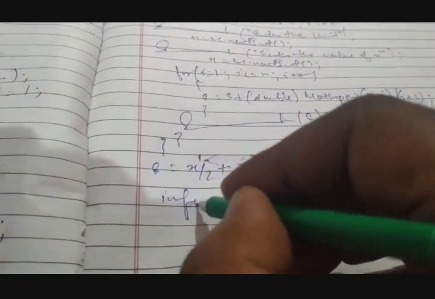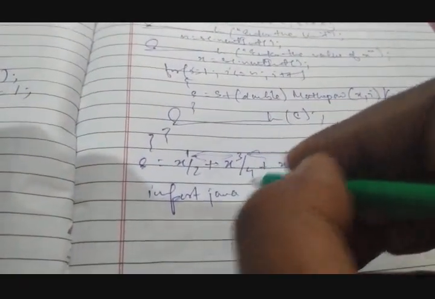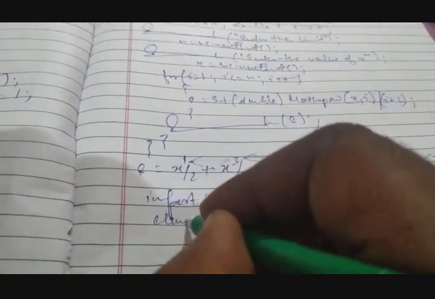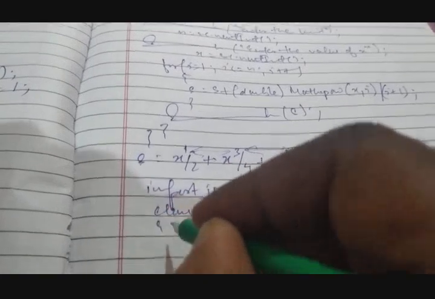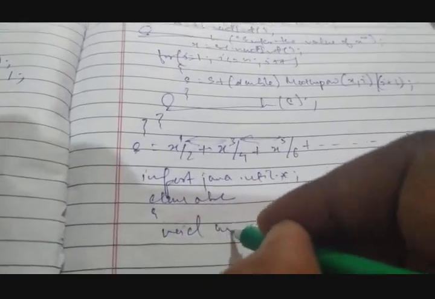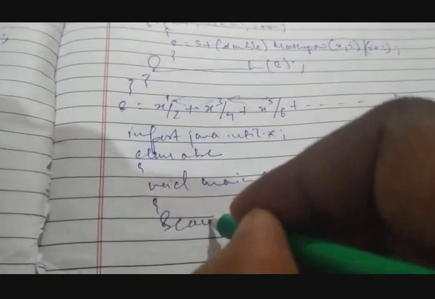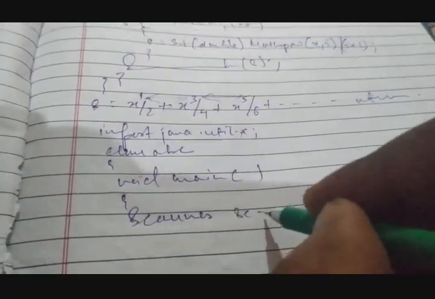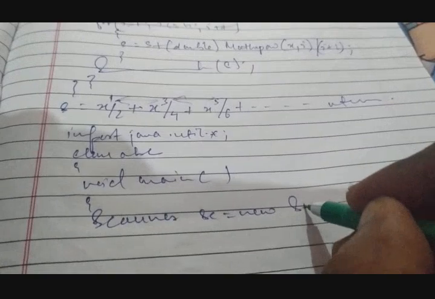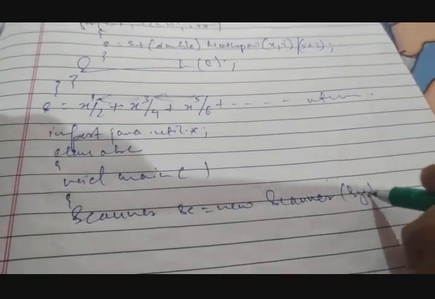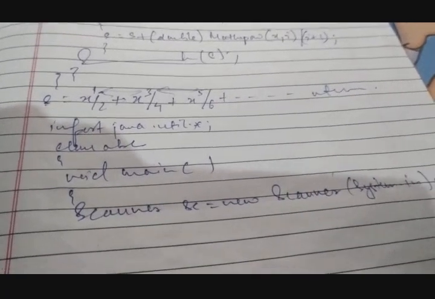Import java dot util dot Scanner, class abc, void main, Scanner sc equals to new Scanner System dot in.